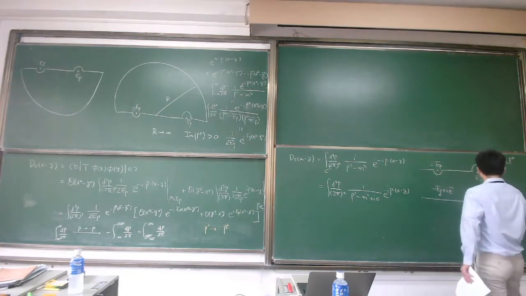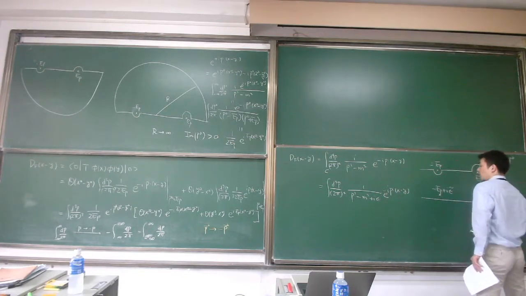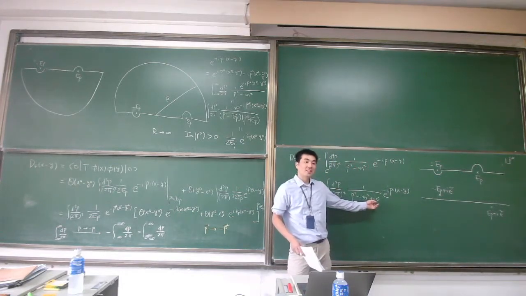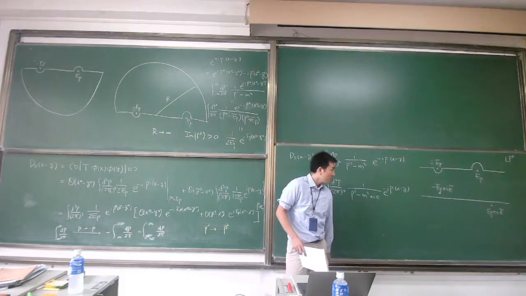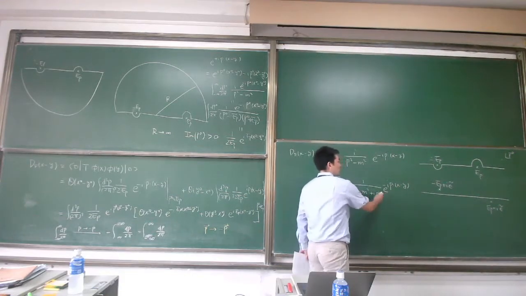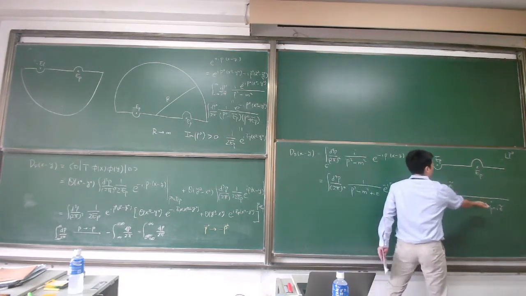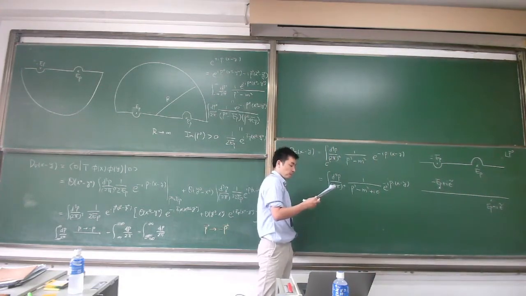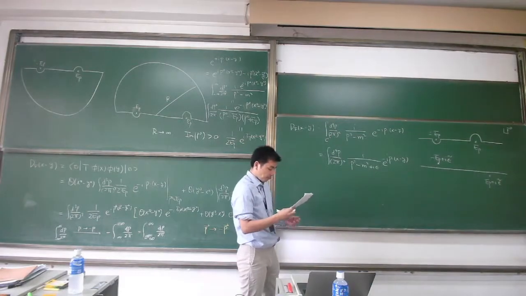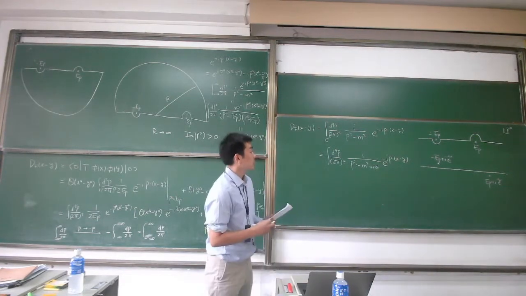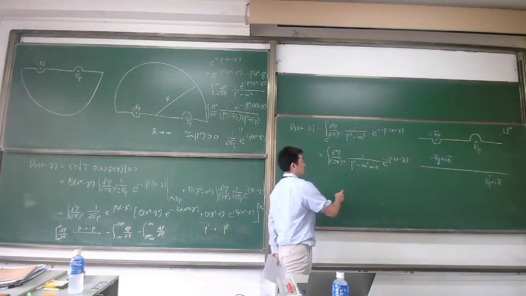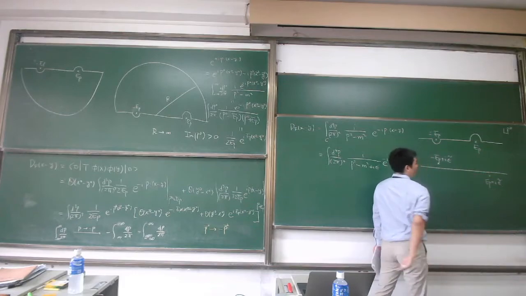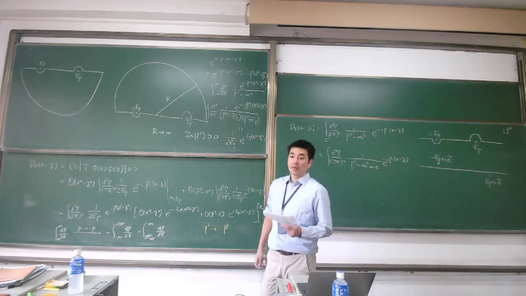Sorry, minus. By changing the pole a little bit, you can push the position of the pole a little bit above and below by introducing epsilon. That's called the epsilon prescription. That's what physicists use to get the integration on the real axis for the p0 integral.